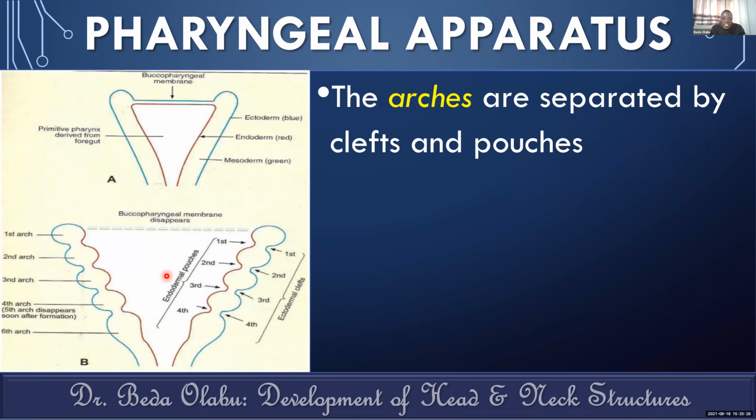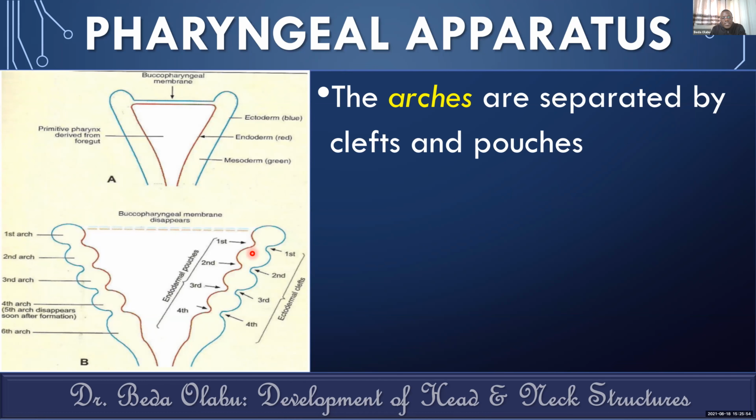They are condensations in form of bars, but the image you are looking at is a cross-section, a coronal section of the embryonic pharynx. And so inside here will still be the cavity of the pharynx, and outside will be the external part. And so this is the wall of the pharynx on one side and the wall on the other side.